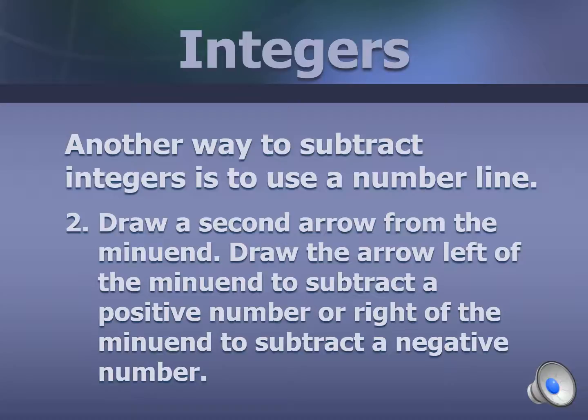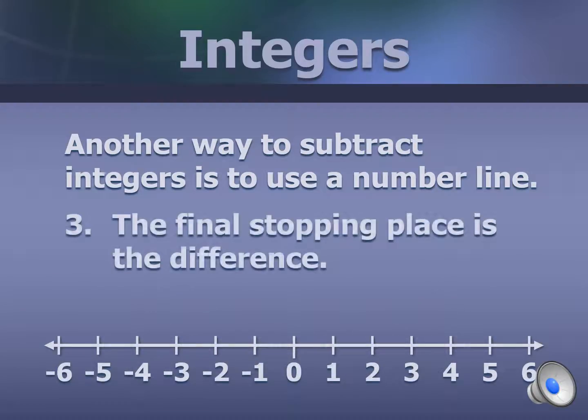We're going to come back to that. That's going to be a little clue for you as we work through these problems. And then our third step is that the final stopping place is the difference or the answer to our subtraction problem. So after you've finished writing down those steps, let's go ahead and do a couple of practice problems.